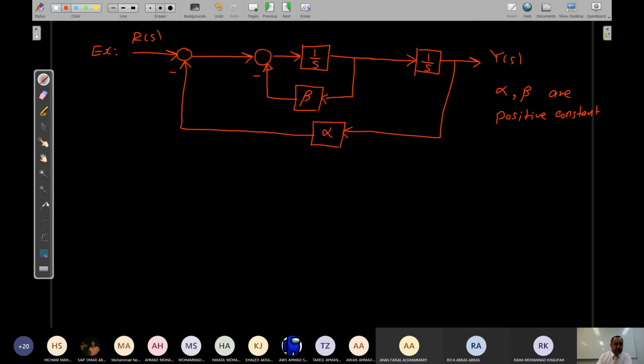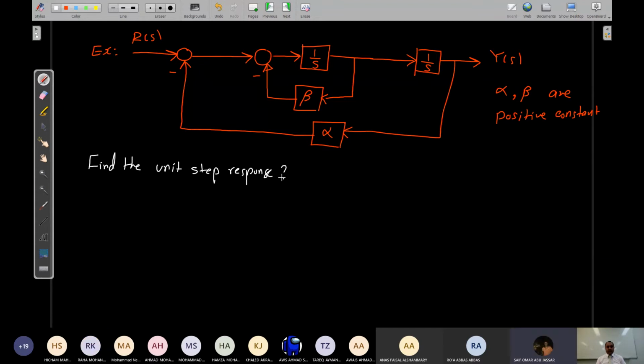This is 1 over S here, and here I'm having 1 over S. And what I need to find is the unit step response. Who can help me with that?